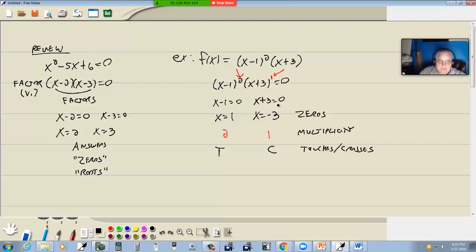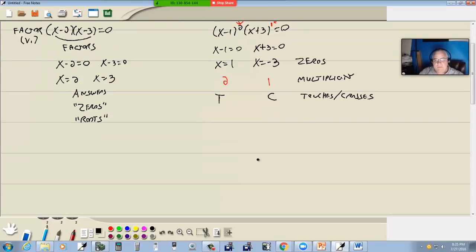Why is this important? Well, if I'm graphing these by hand, and my zeros are negative 3, right there, and 1. Remember your zeros where it crosses the x-axis. At negative 3, it's going to cross, and at 1, it'll touch.